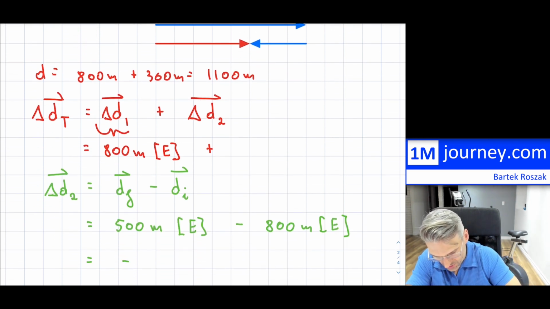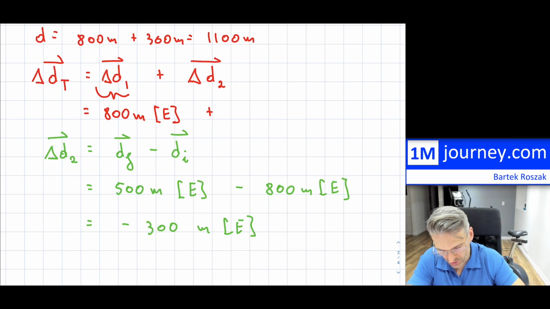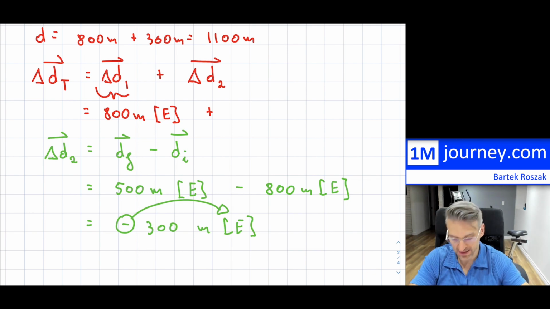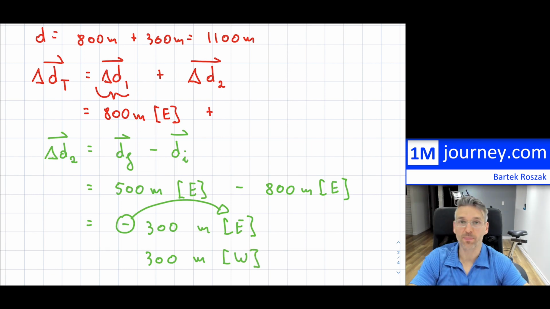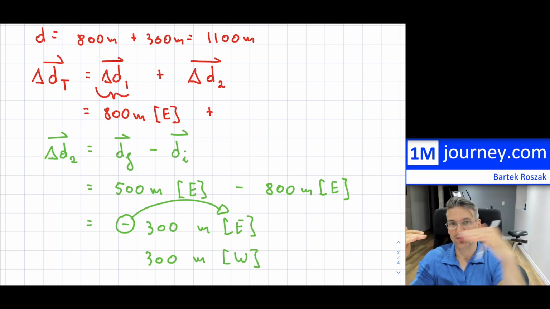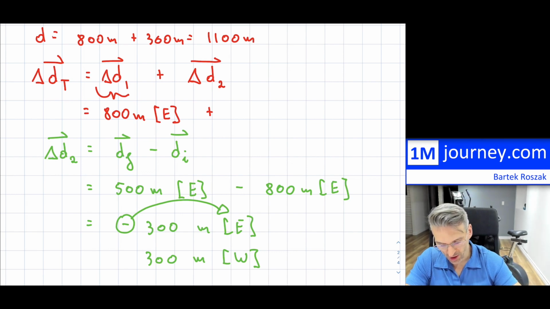And notice that this is minus 300 meters east, because you're going now in the opposite direction. So notice the minus actually just tells you that you're no longer east. It is actually 300 meters west. So these two are the same, because that sign just tells you that you're going in the opposite direction. So these two are identical.